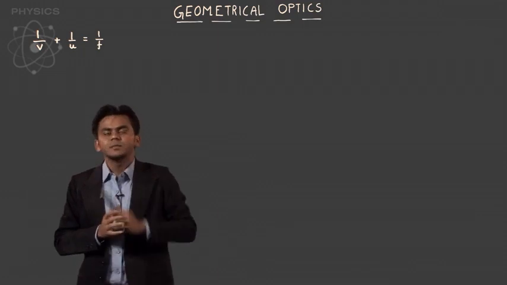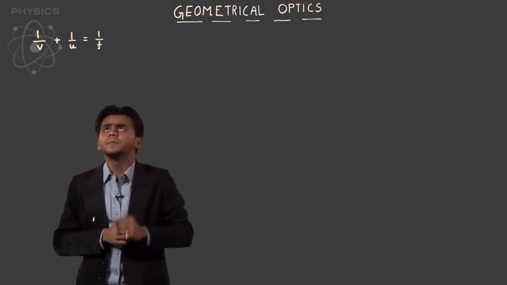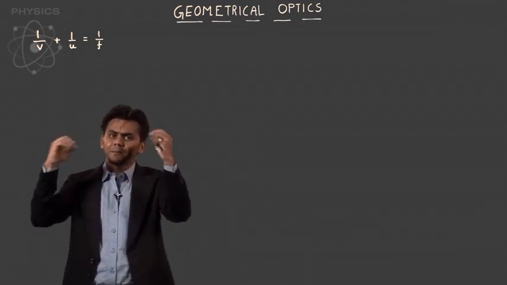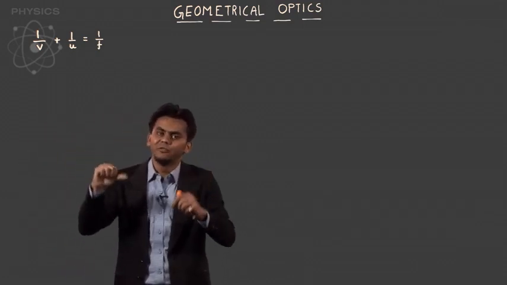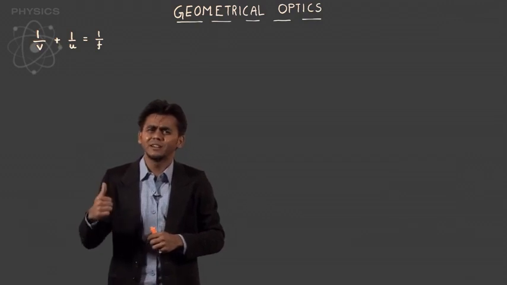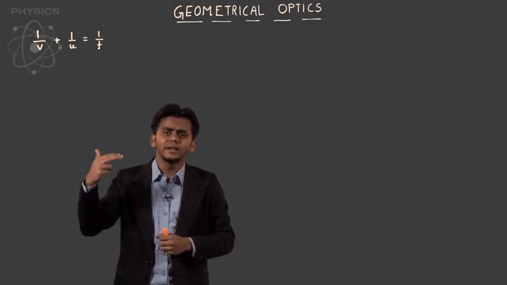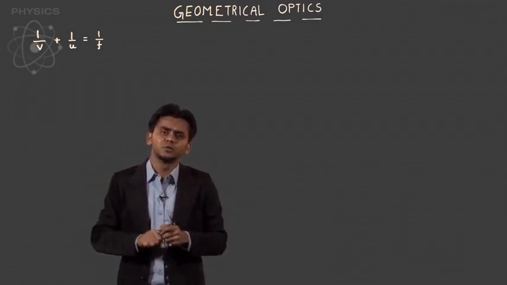Now V is dependent on two things: the exact values of U and F, and we have done a big analysis on that. When V would be positive and when it would be negative depends on the mod U and mod F values. We've also calculated the magnification for extended objects.